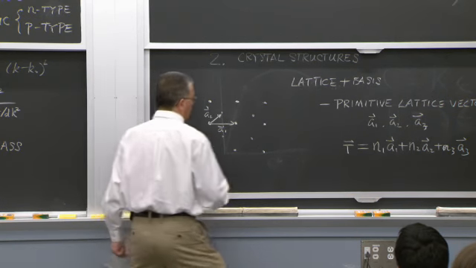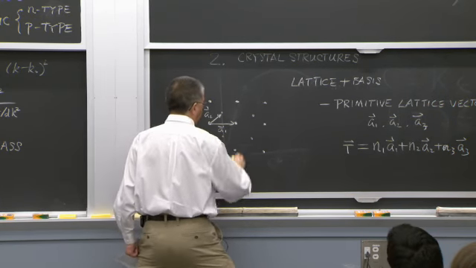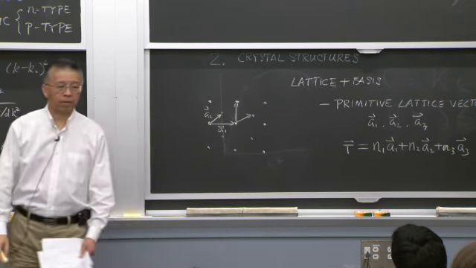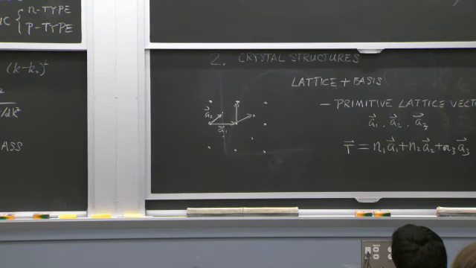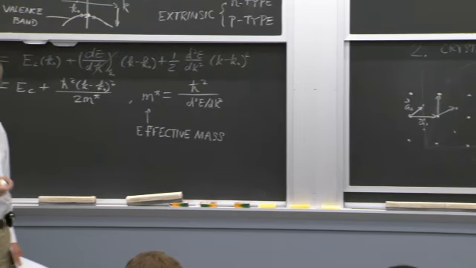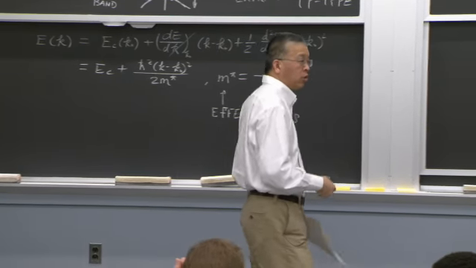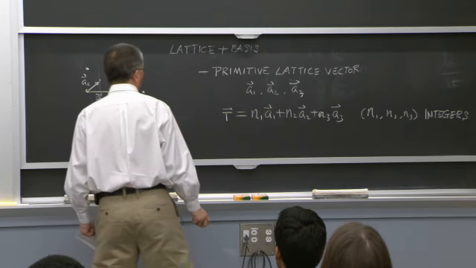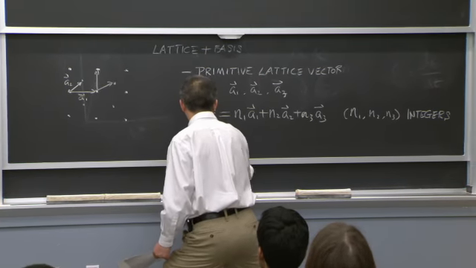And of course, you could also choose a different pair, this one and this one, right? So one of the challenges is how to narrow down our choice, how to uniquely define this choice of primitive lattice vectors.